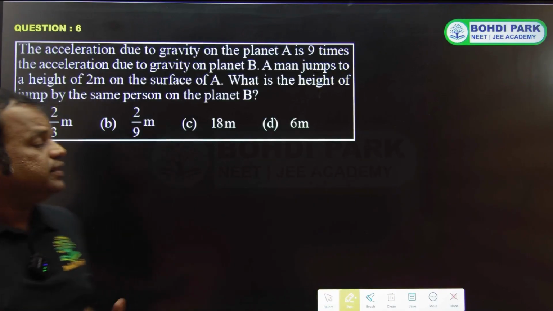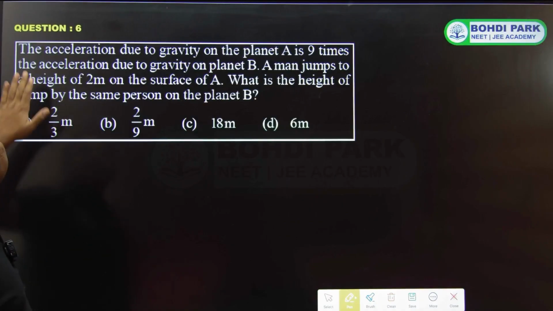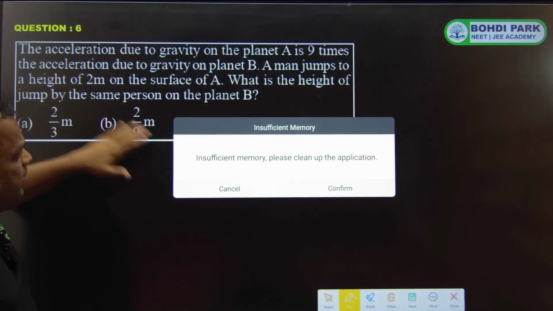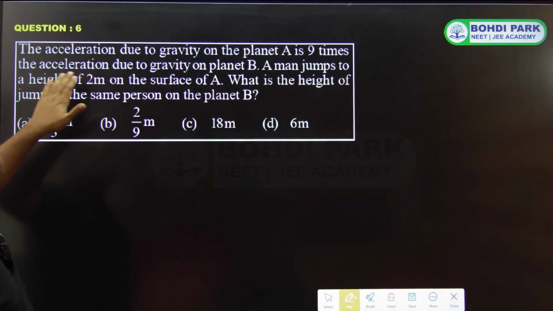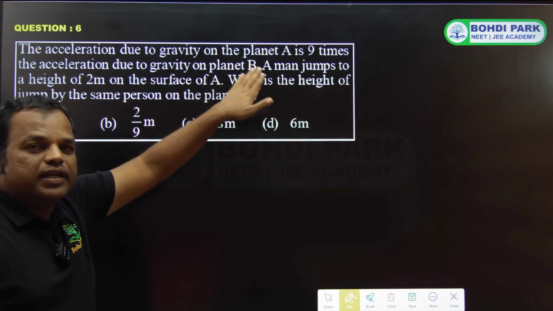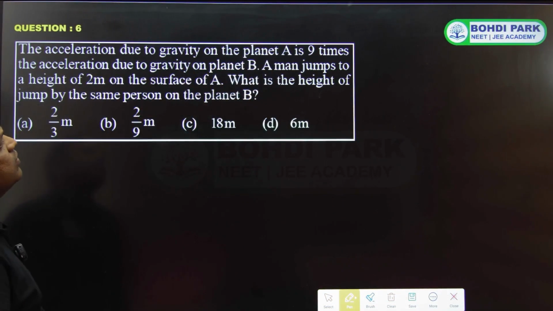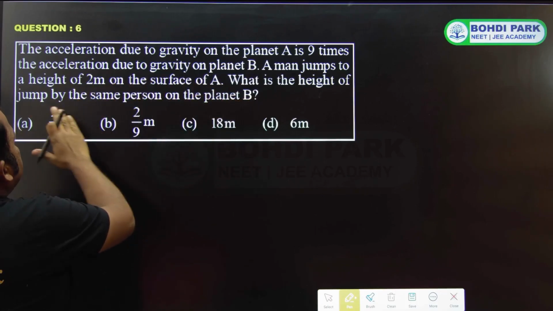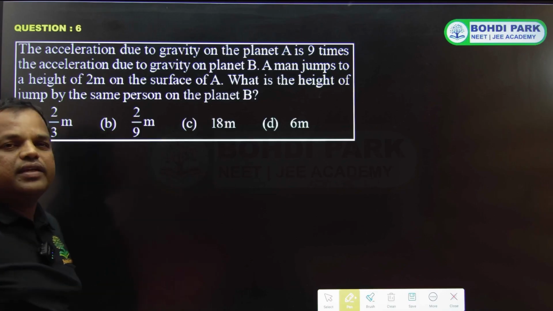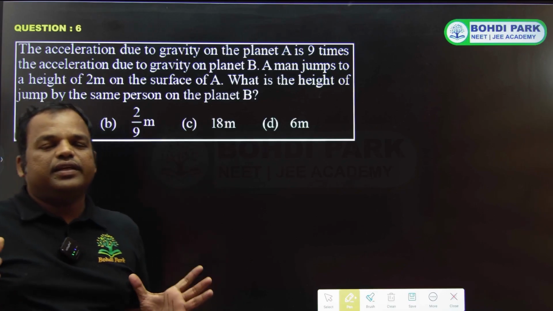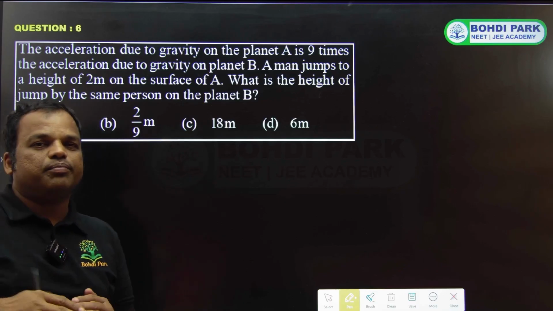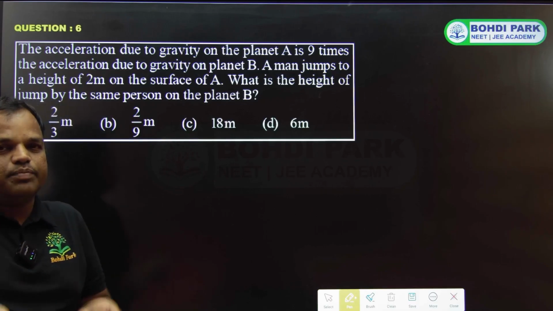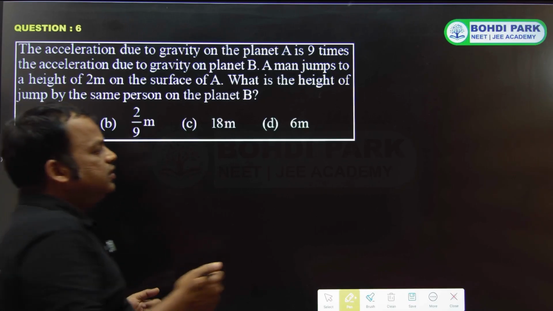Now look at this sixth question. We have acceleration due to gravity on planet A is 9 times the acceleration due to gravity on planet B. A man jumps to height 2 meter on the surface of A. What is the height jumped by the same person on planet B? So the concept here is when the person jumps, the speed will be same, the speed with which the person jumps.